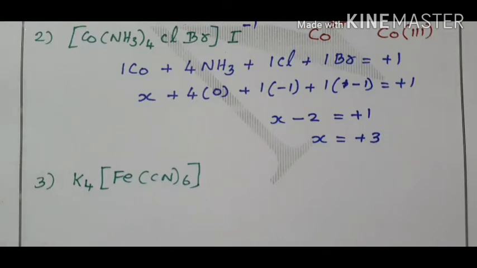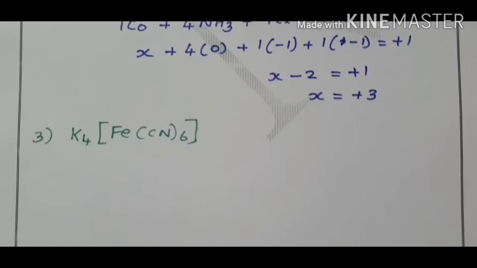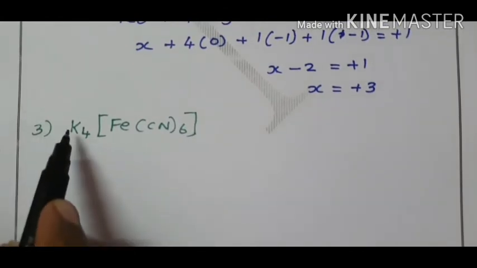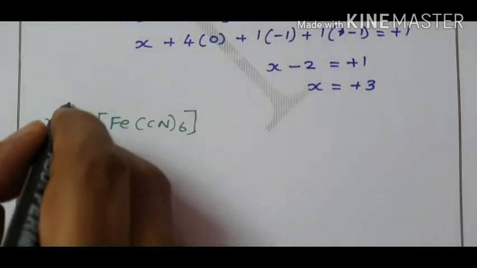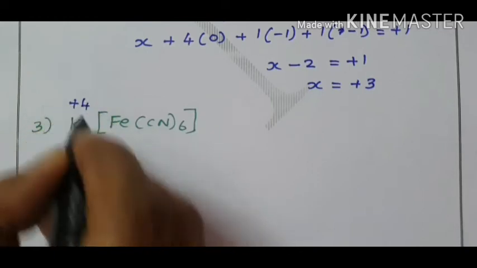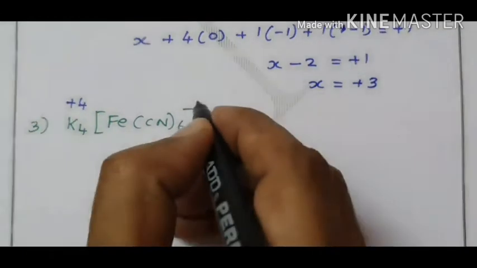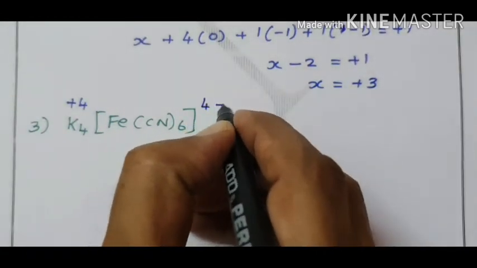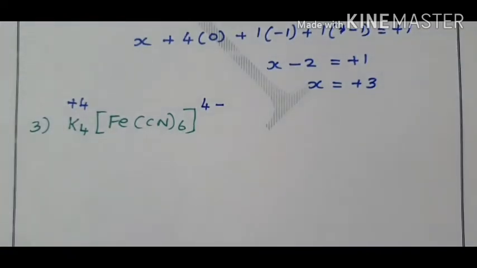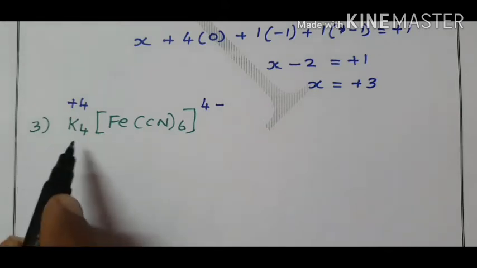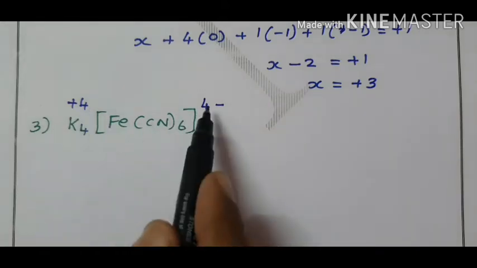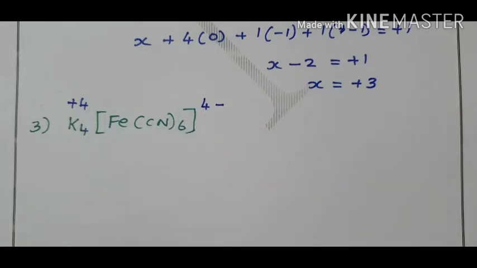To find out the oxidation number of iron in this complex, first we should know the charge on the complex. 1 potassium 1 plus, 4 potassium 4 plus. Therefore, charge on the complex sphere is 4 minus.